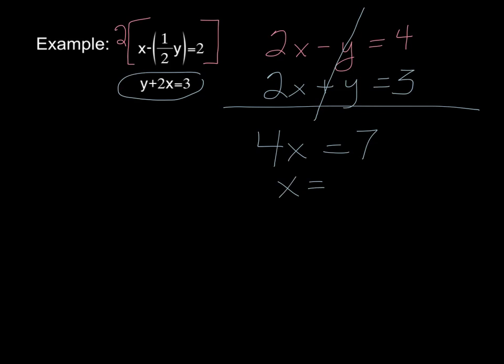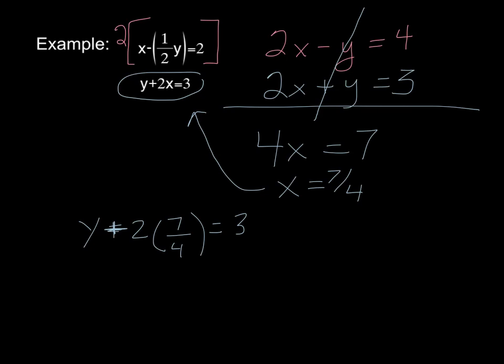So x equals 7/4. That's only half of our solution, so I'm going to plug 7/4 into one of my originals: y plus 2 times 7/4 equals 3.